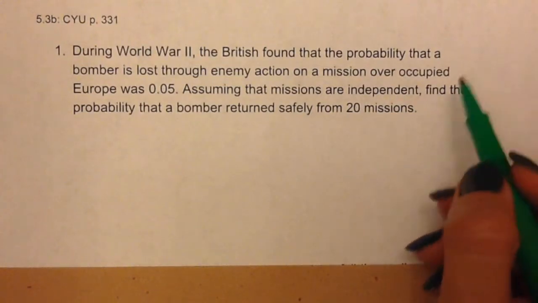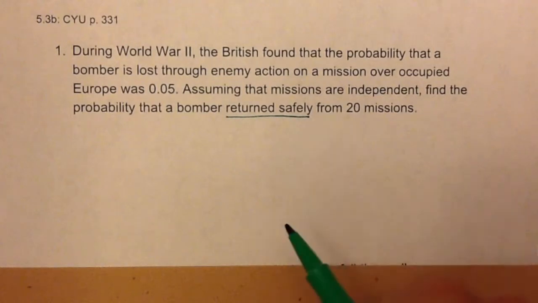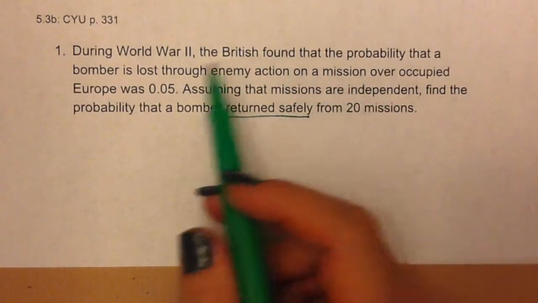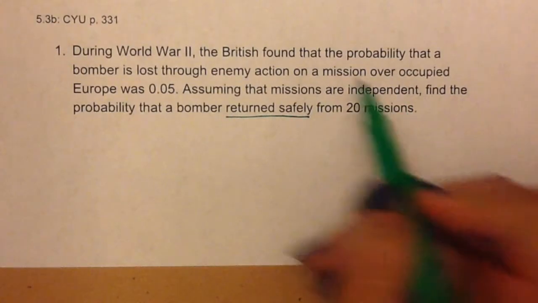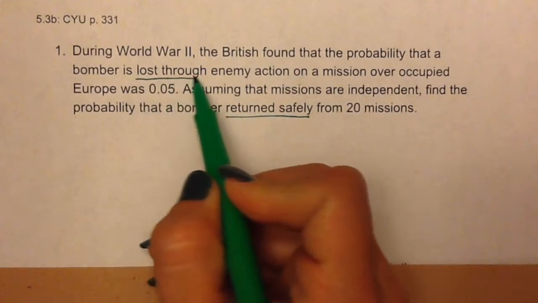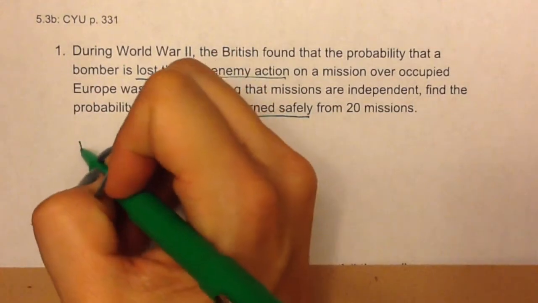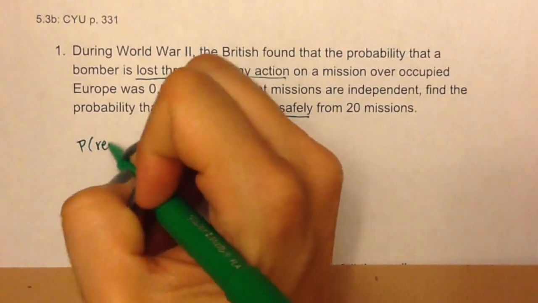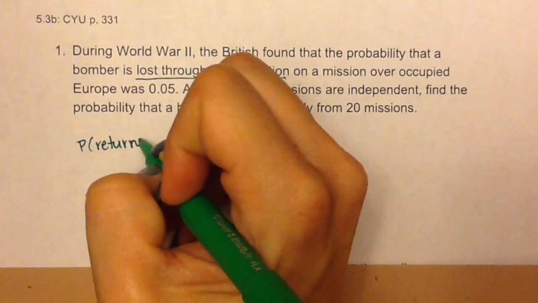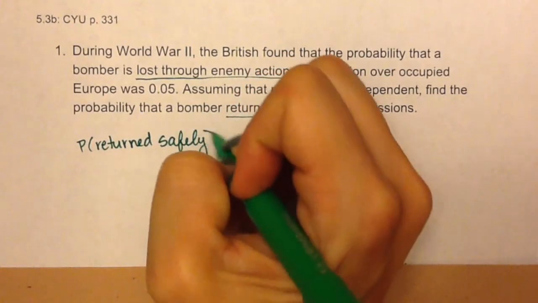So, first of all, notice it is asking us the probability that they return safely. And the original number that they gave us was whether or not they were lost through enemy action. So to find the probability that they returned safely, it is a complement of them being lost.